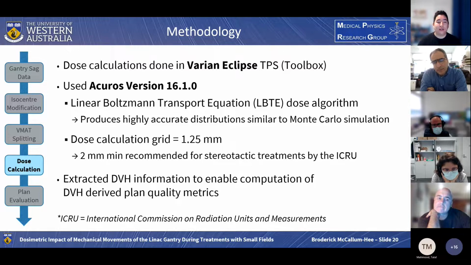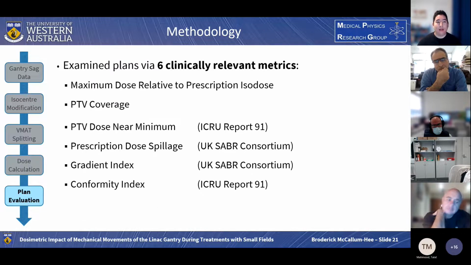Finally, with the dose calculations, different DVH information was extracted from the TPS to enable computation of DVH-derived plan quality metrics. I examined the plans via 6 clinically relevant metrics: the maximum dose relative to prescription isodose, PTV coverage, PTV dose near minimum, prescription dose spillage, gradient index, and conformity index.